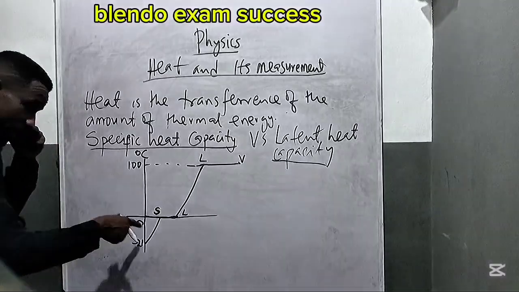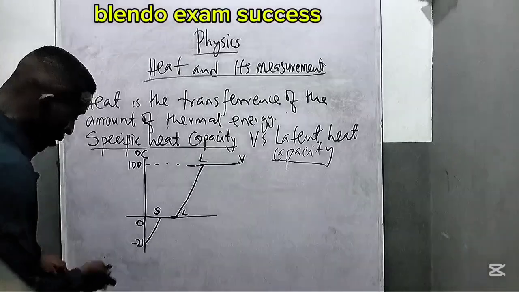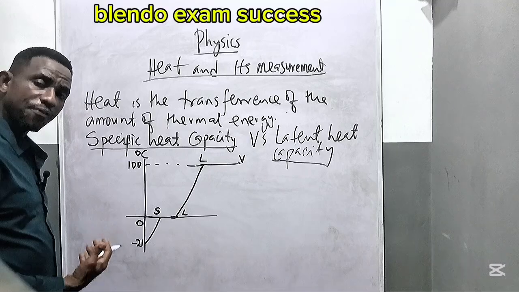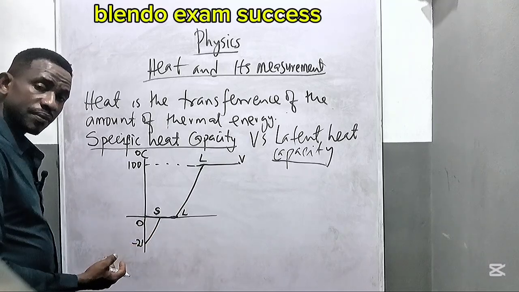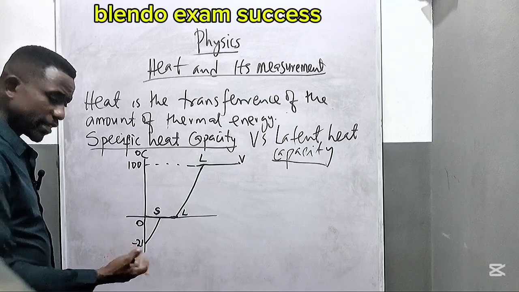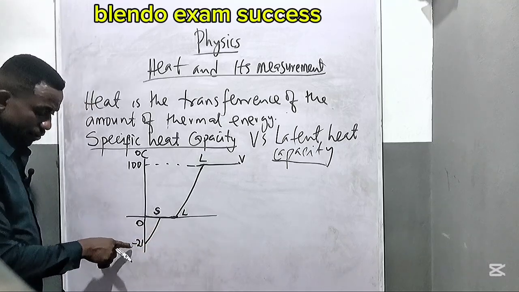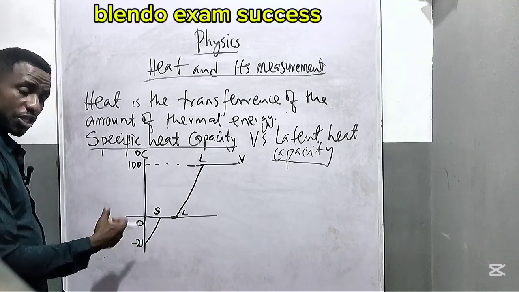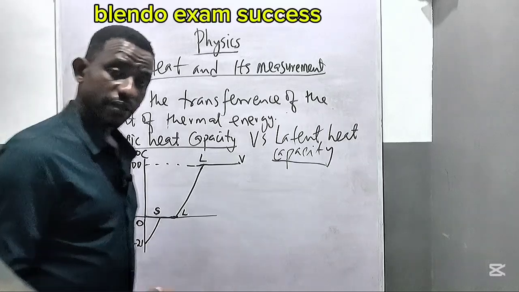As you are adding heat, there is a minimum amount of heat that is needed here. That quantity of heat needed to raise the temperature from minus 21 degrees Celsius to 0 degrees Celsius is what we call specific heat capacity.